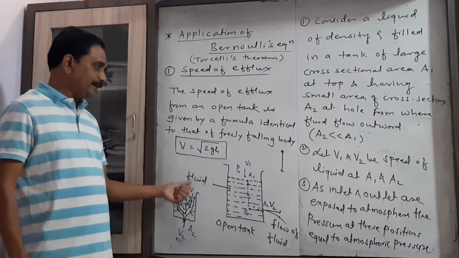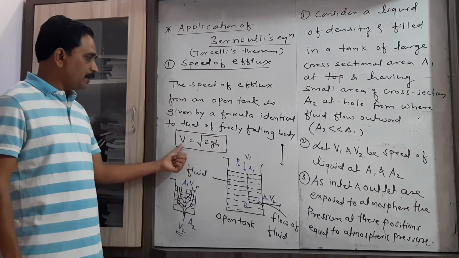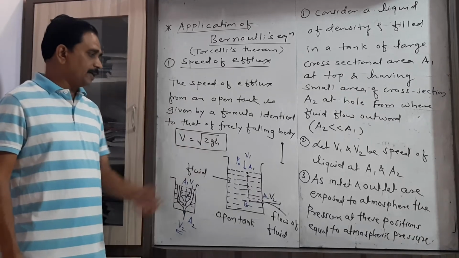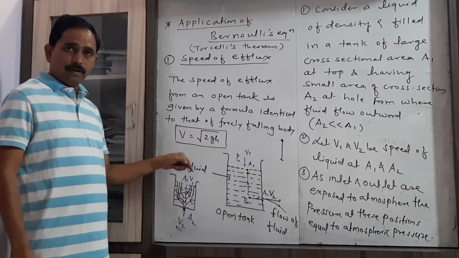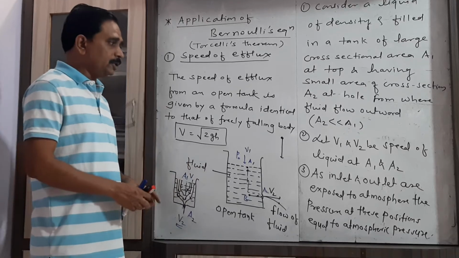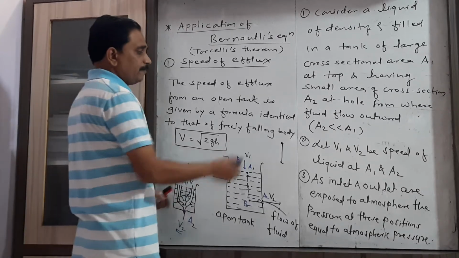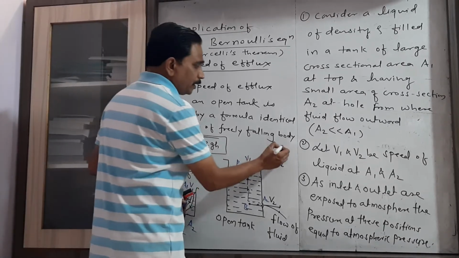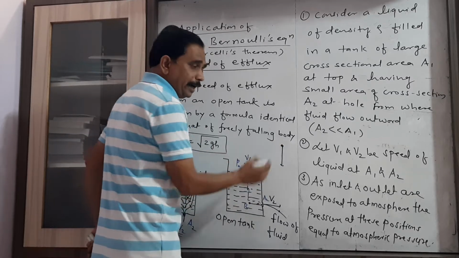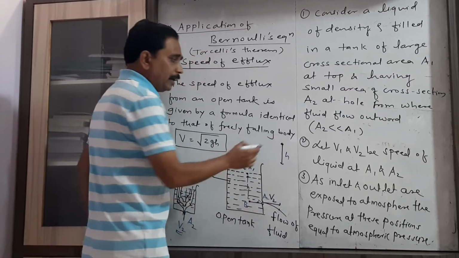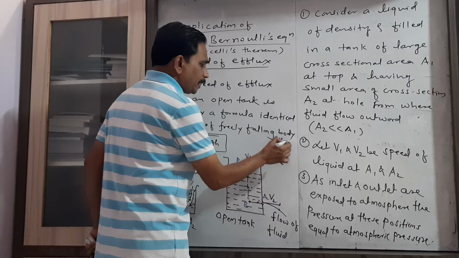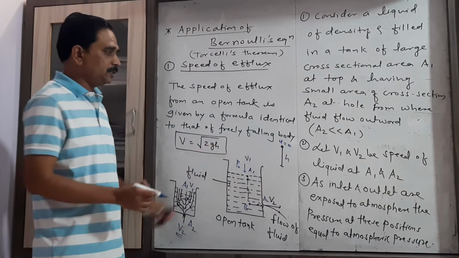Now we have to find that value as V equal to under root of 2gh, which is similar to the velocity of a body which is falling freely. When we consider a particular body at a particular height, and when that body is at rest, its initial velocity is 0.